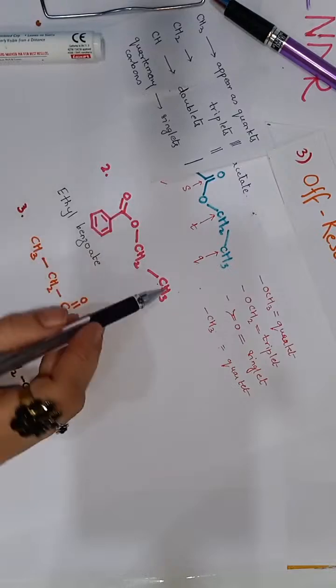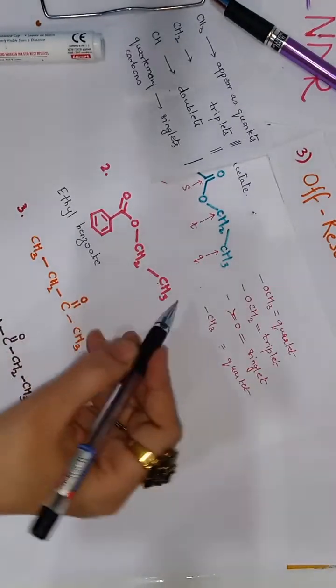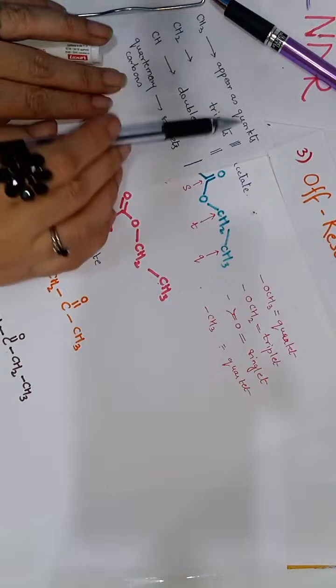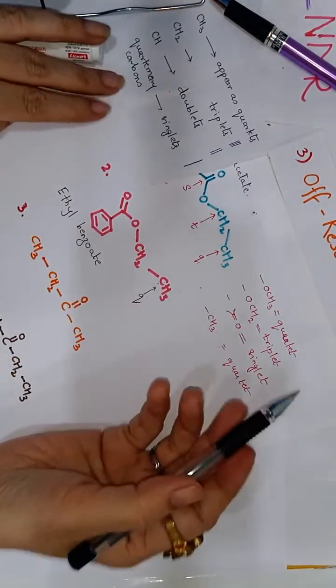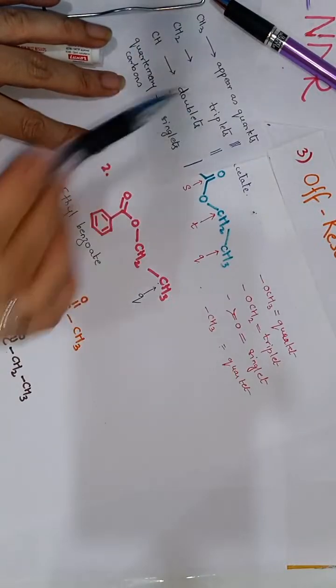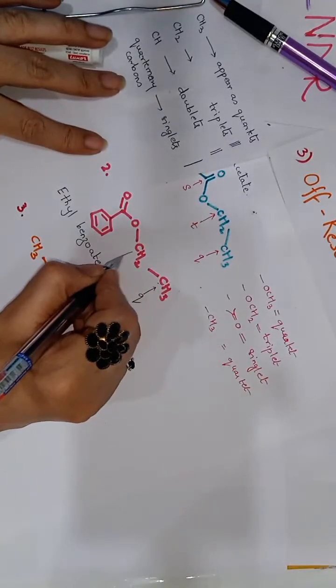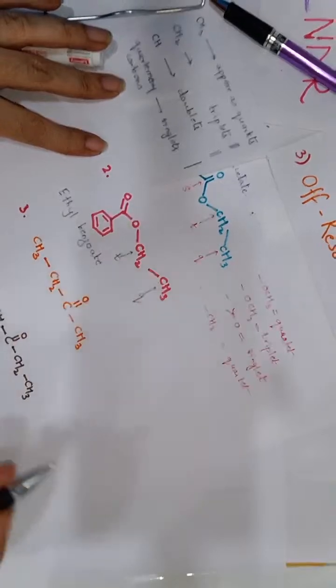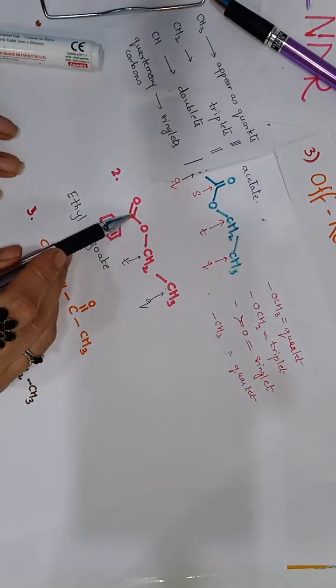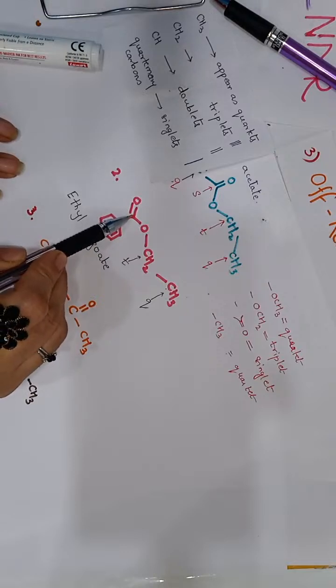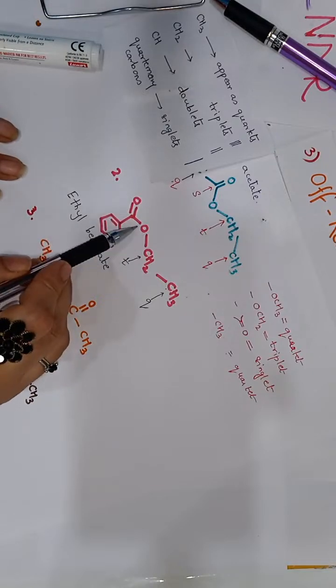Let us first solve this. CH3, according to this, is a quartet. CH2, according to this, is a triplet. I believe you can see. Next, this carbon is attached to a double bond and a single bond.